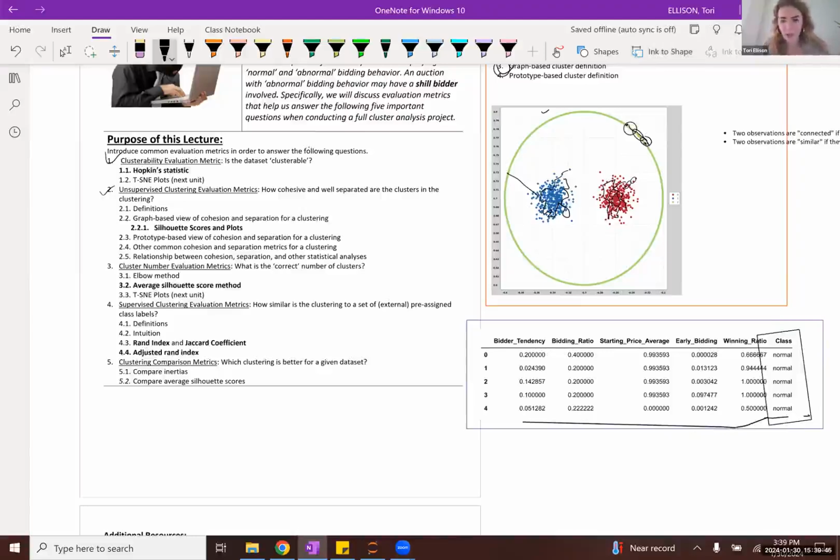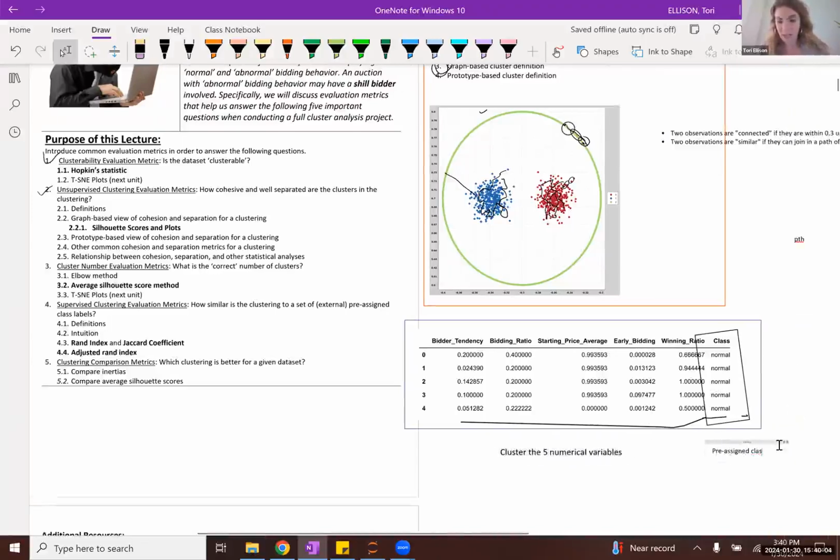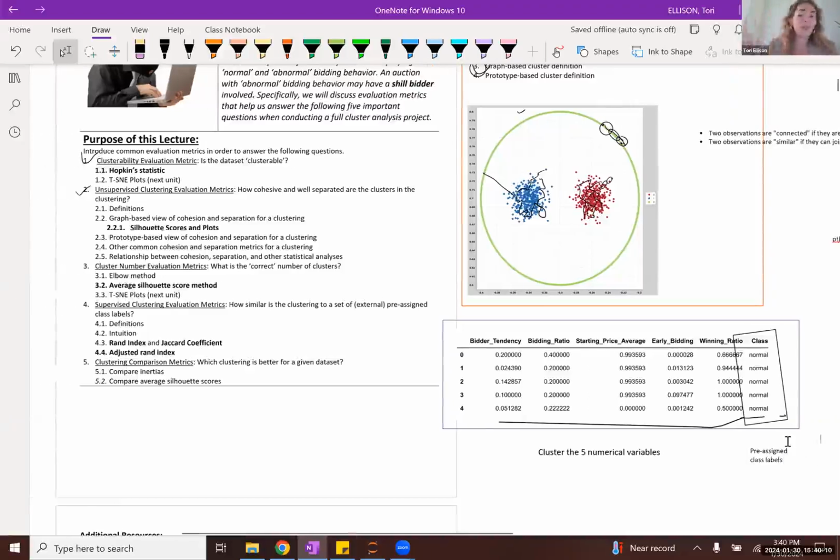So basically our goal for this analysis is to take these 5 numerical variables and cluster them. And then we have this additional pre-assigned class or set of class labels, which we're not going to cluster. We're not going to include that categorical variable in our clustering algorithms.